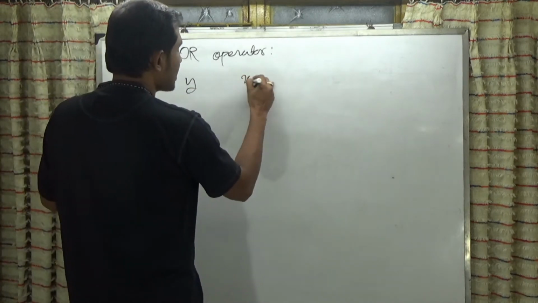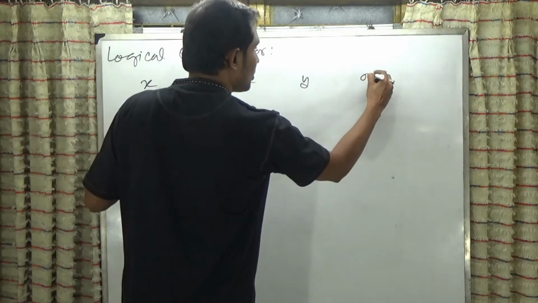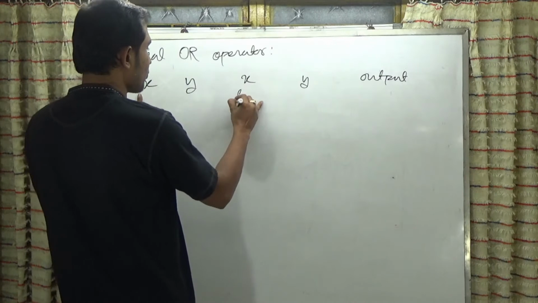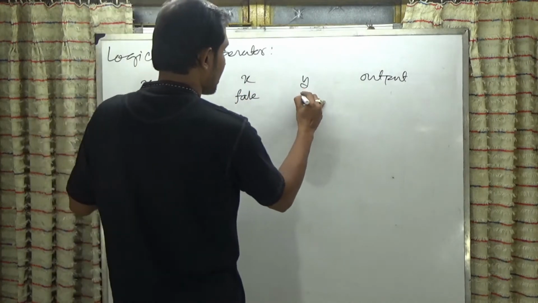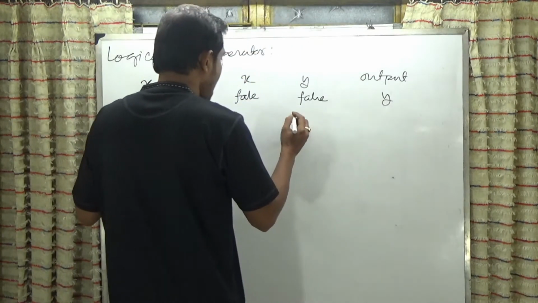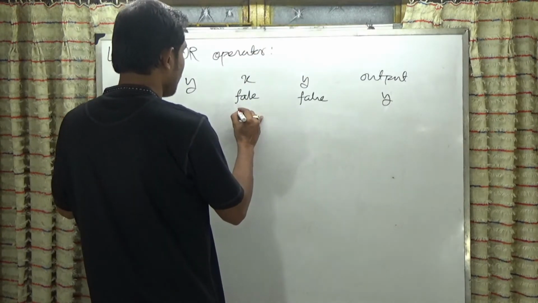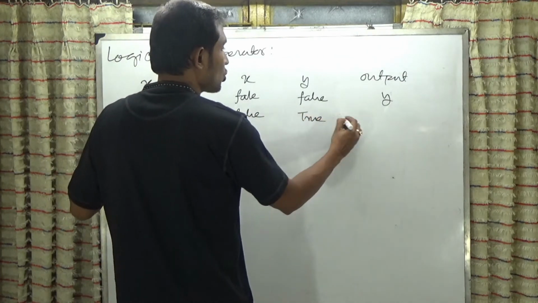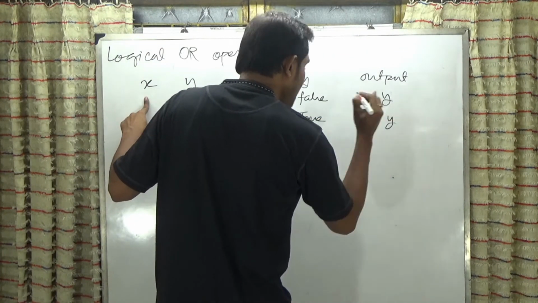So suppose x and y: the truth value of x is false and y is false, so it returns false. If the truth value of x is false and y is true, it returns y.